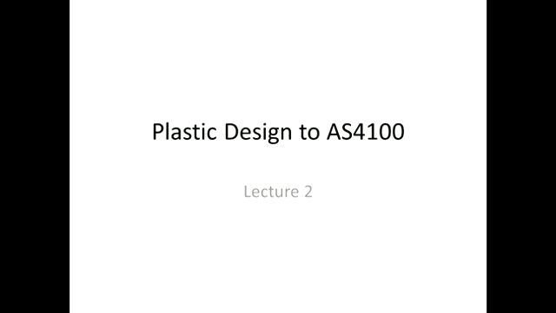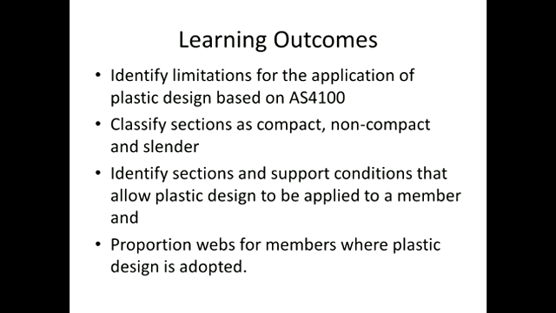And one of the things that we'll try and look at is the limitations. Standards always have limitations. So maybe one of the things that you might be familiar with is that if you open a standard, for example, in some of the first pages, you have the scope of the standard.